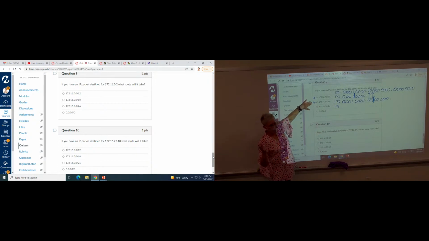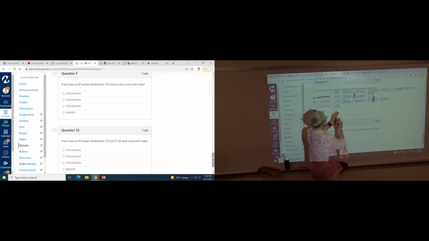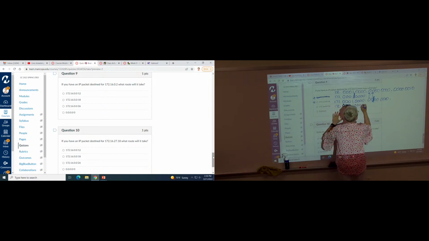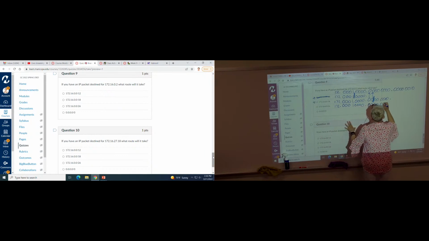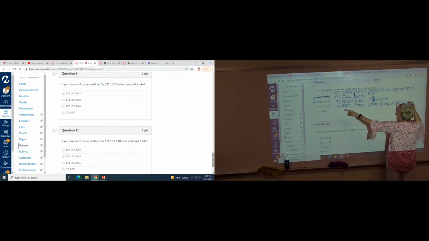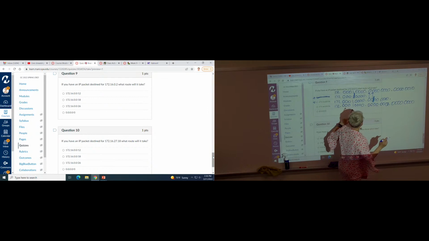So far, which one would I be using out of these 2? Right, so this one's too short. Now we're going to look at this one. 0, 0, 1, 0, 0, 0, 0, 0, 0, 0, 0. And how many bits am I looking at now? I got to look at 26.